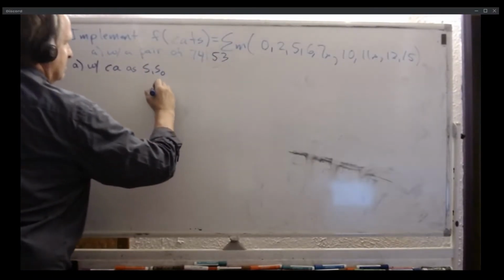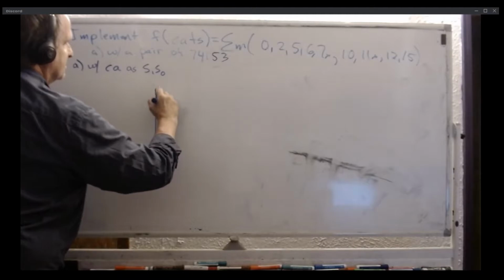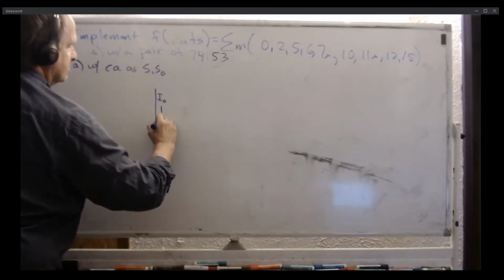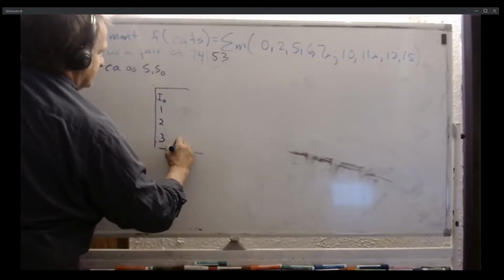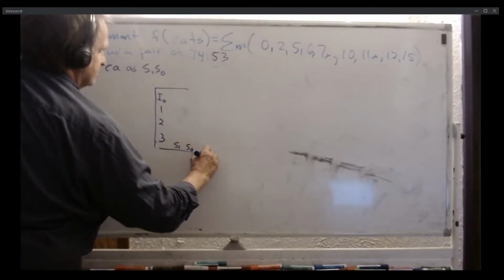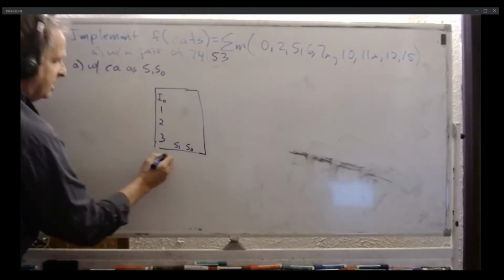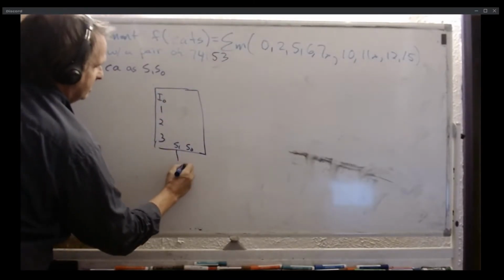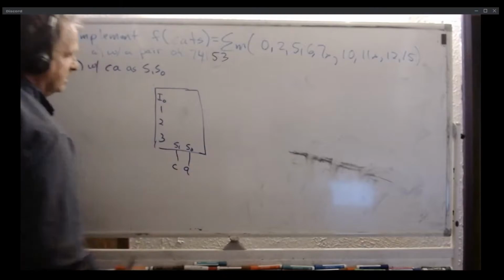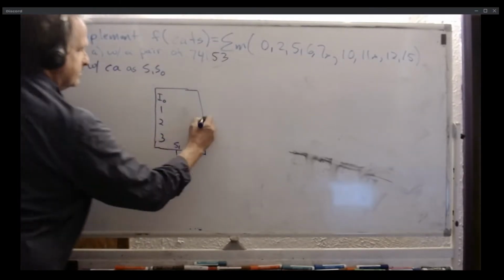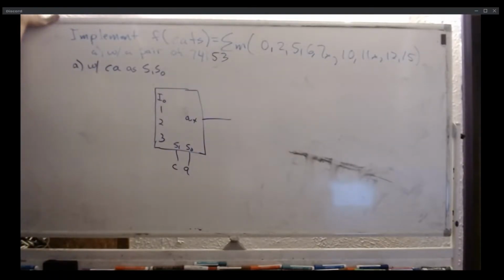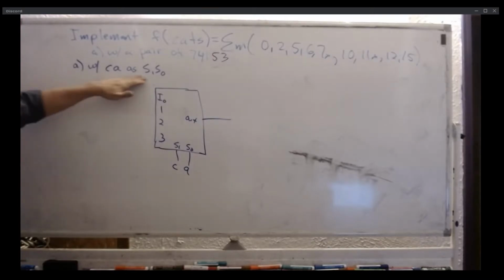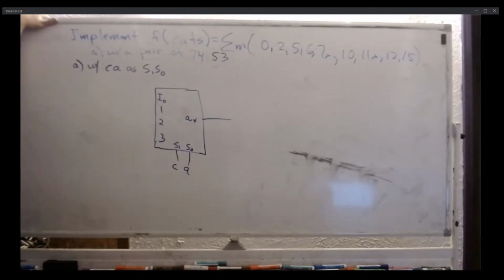So what we're going to have, here's your mux, 4 inputs. Here's the selects. And what we're saying is that C is going in here and A is going in here, because you can only have 2 per mux.